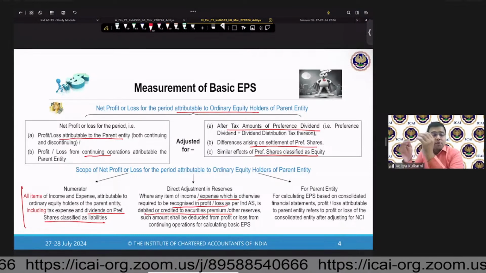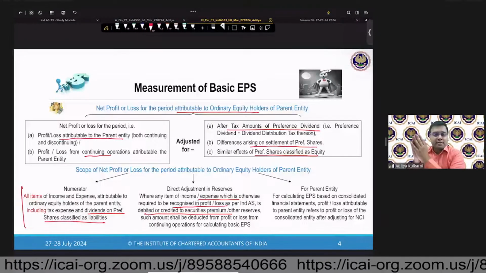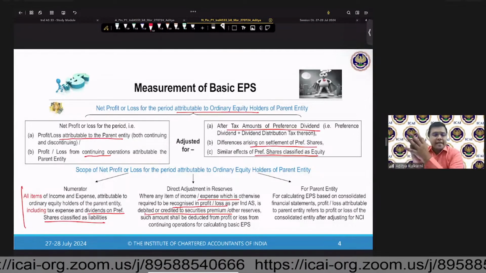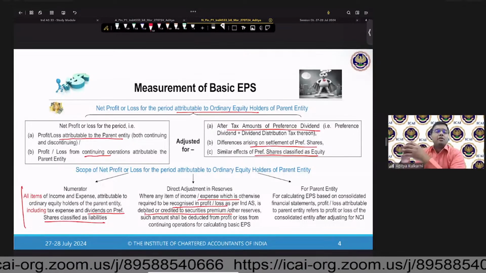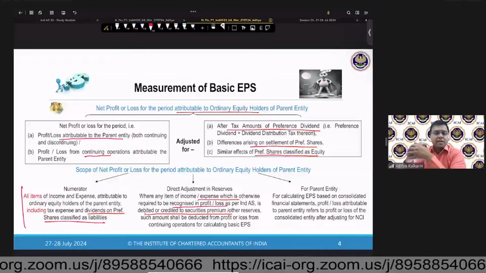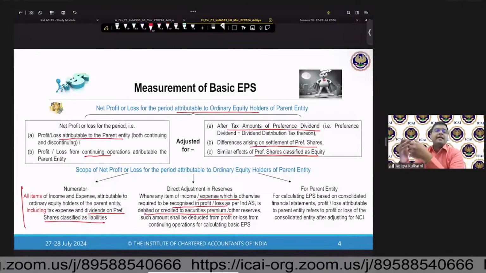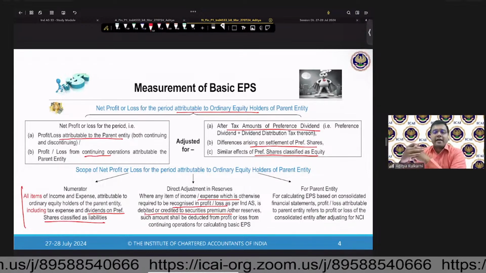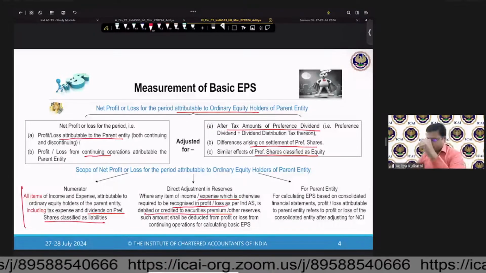So our computation of EPS cannot be restricted only to viewing the P&L. We will also have to look at possible reserve movements that happen during the period to understand correctly what is my net profit attributable to the equity holder for that particular period.